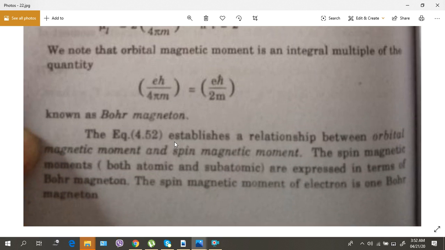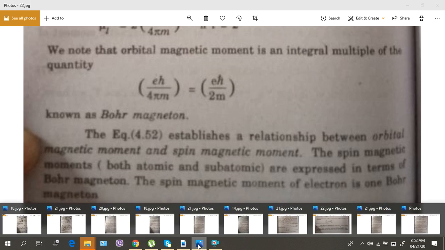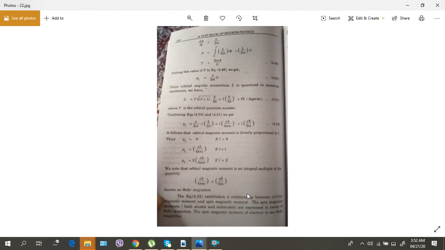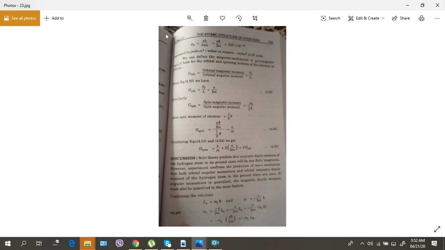4.52 establishes a relationship between orbital magnetic moment and spin magnetic moment. The spin magnetic moments, both atomic and subatomic, are expressed in terms of the Bohr magneton. The spin magnetic moment of the electron is 1 Bohr magneton. This is the Bohr magneton.